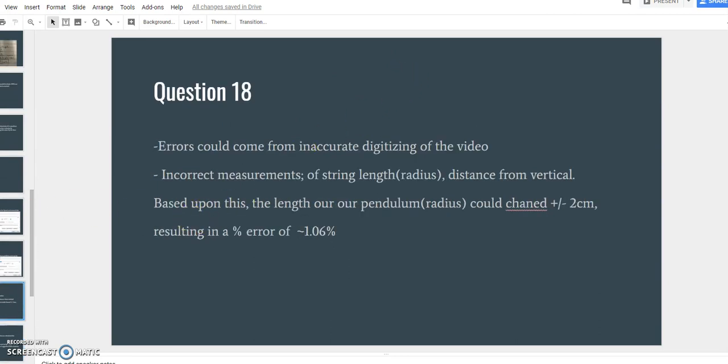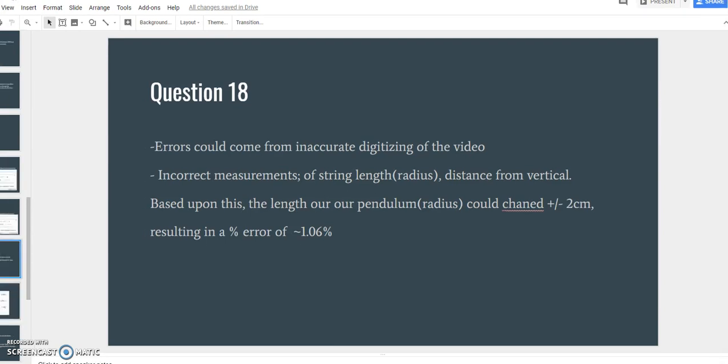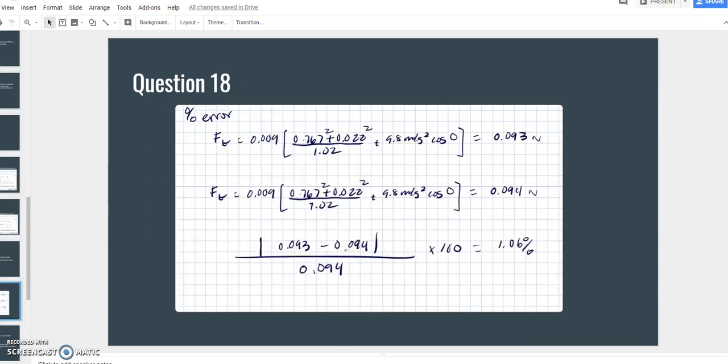And like we said in the previous question, we could have had an error of plus or minus 2 centimeters, and we calculated that to be a percent error of 1.6%. And this is the calculation we did, given that the string length could be 2 centimeters shorter or 2 centimeters longer, and this is our percent error calculation.